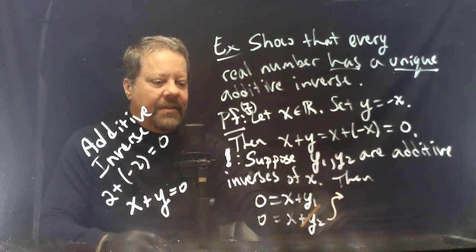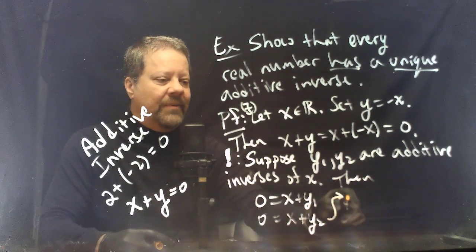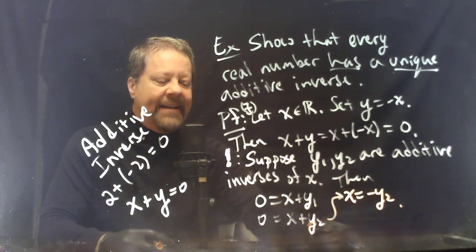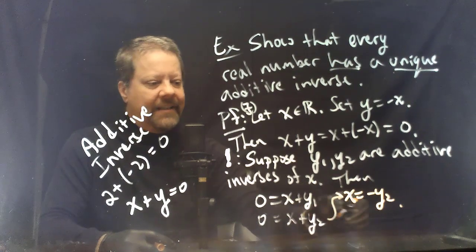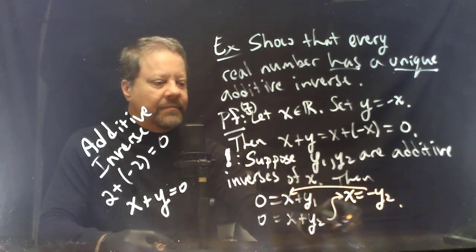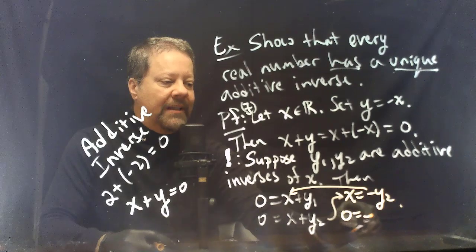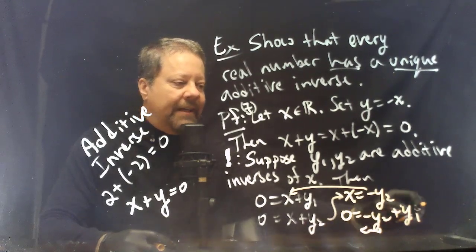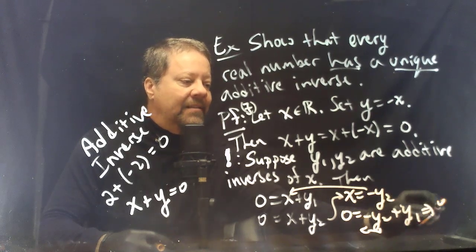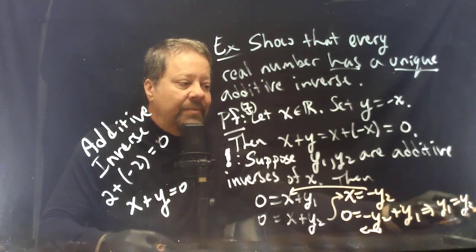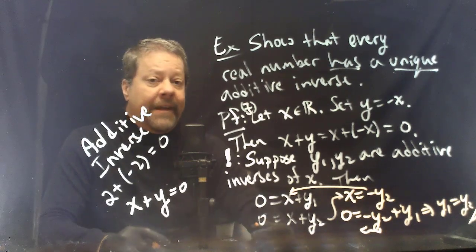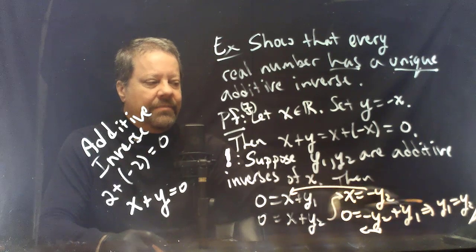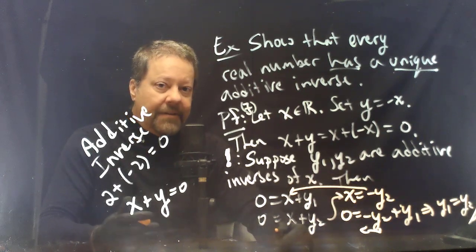If we solve this equation for x, we get x is, moving this to the other side, minus y2. We'll plug that in over here and have 0 equals negative y2 plus y1. If we move this over now, we get y1 equals y2, and that shows that they aren't distinct. They are in fact equal. So if there are two, they're not different, they're the same.